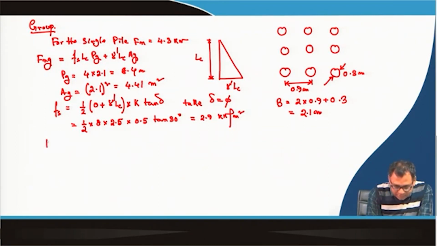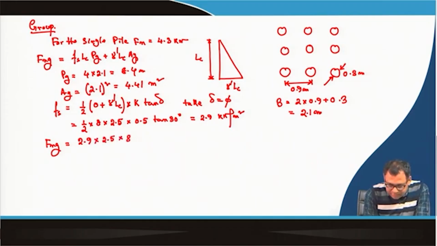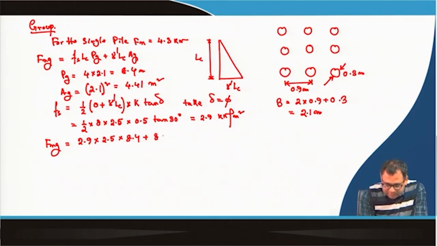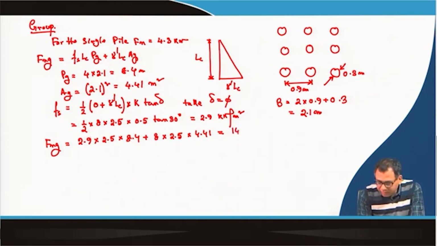So we can write Fng: Fs is 2.9, Lc is 2.5, Pg is 8.4, plus we are assuming the same gamma within the pile group also, that is 8 into Lc, 2.5, into Ag, 4.41. That will be equal to 149.1 kilonewton.